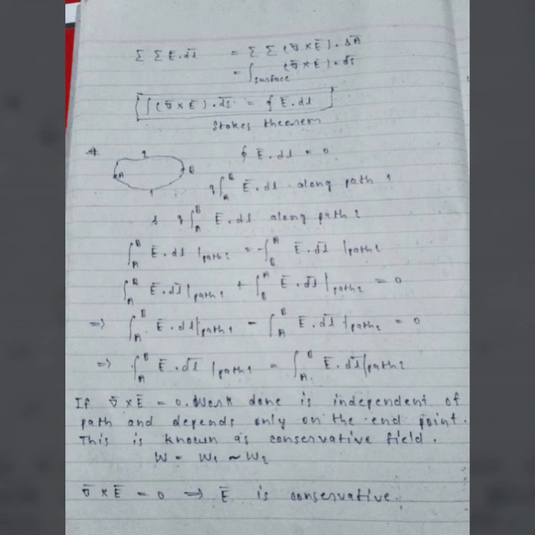This is the definition of a conservative field. That means work done can be written as W1 minus W2 or W2 minus W1, and later we are going to identify these as the potential energy. So for a conservative field, we can identify potential energy because I can define at each point what will be the work done between 2 points, independent of the path, and therefore curl of E being 0 implies E is conservative.